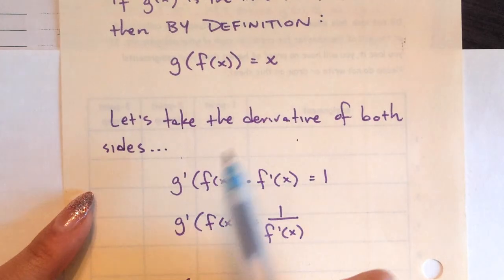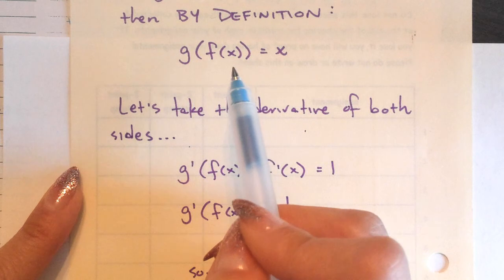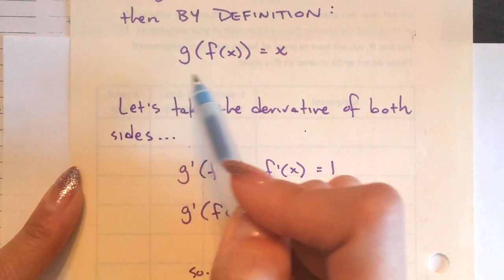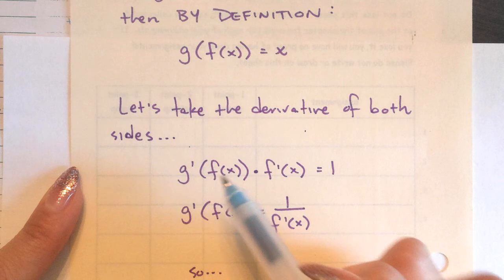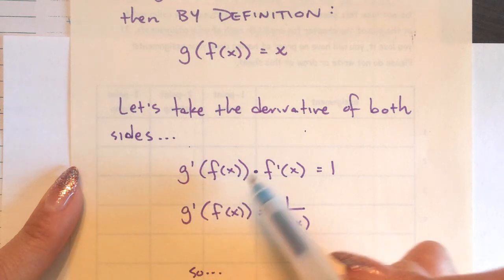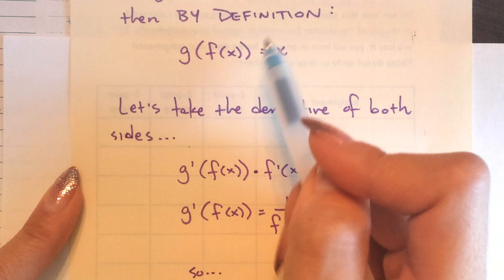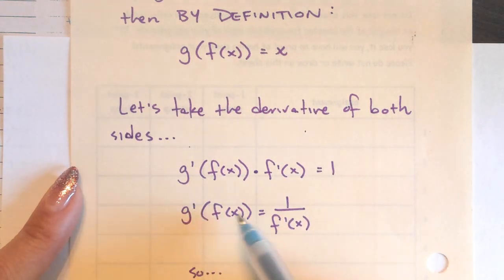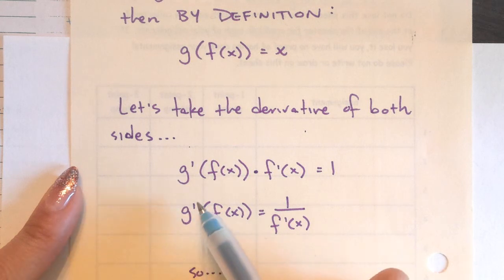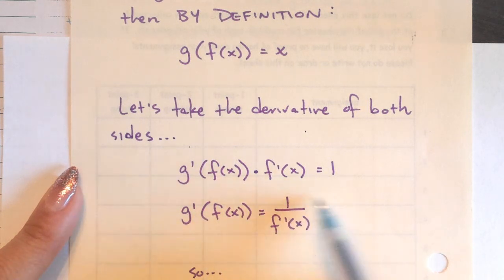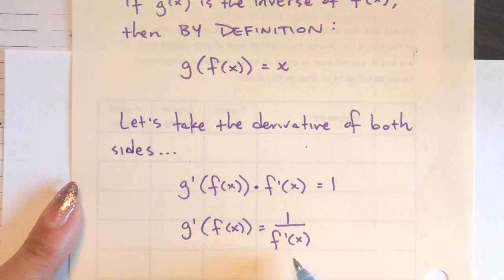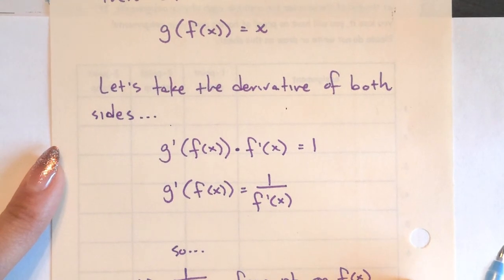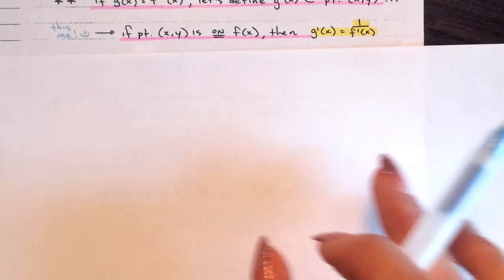So when you take the derivative of both sides, you're taking the implicit derivative, okay? Derivative of this side is going to be g prime of f of x times f prime of x. Derivative of the right side is 1. Now, if I want to find g prime of this, then g prime is 1 over, you divide and you get 1 over f prime of x. So I just showed you why that is true. Okay? So this part, I love, love, love.